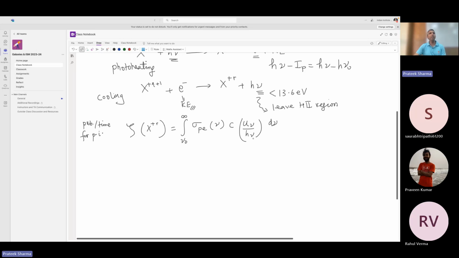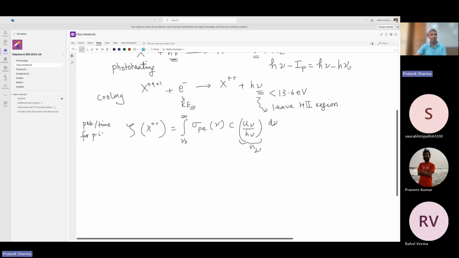But U nu by h nu is the number of photons per unit volume from frequency nu to nu plus d nu. It's sort of like n gamma, n nu, right? So this is the number density of photons. So n nu d nu is the number density of photons from nu to nu plus d nu.